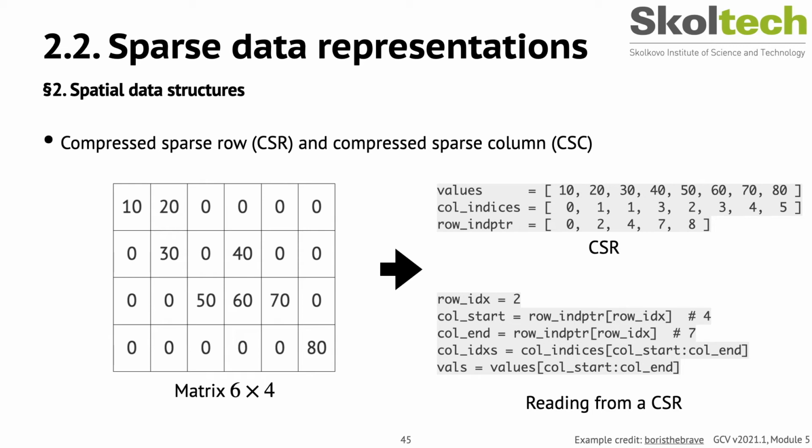For example, to read the third row, we'd find row index pointer 2 to be 4, and then row index pointer 3 to be 7, which tells us that there are 3 values in that row, with column indexes 4, 5, and 6, and values 4, 5, and 6.